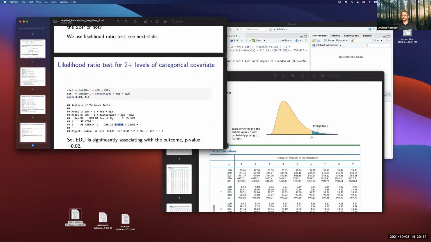And this is where you have your F, you have your degrees of freedom, which is 2 groups, right? So you have here a residual degrees of freedom. You have 97, and for model 2, you have 95 because there's some dropping off. Essentially, you get here the degrees of freedom of 2 for 2 groups.